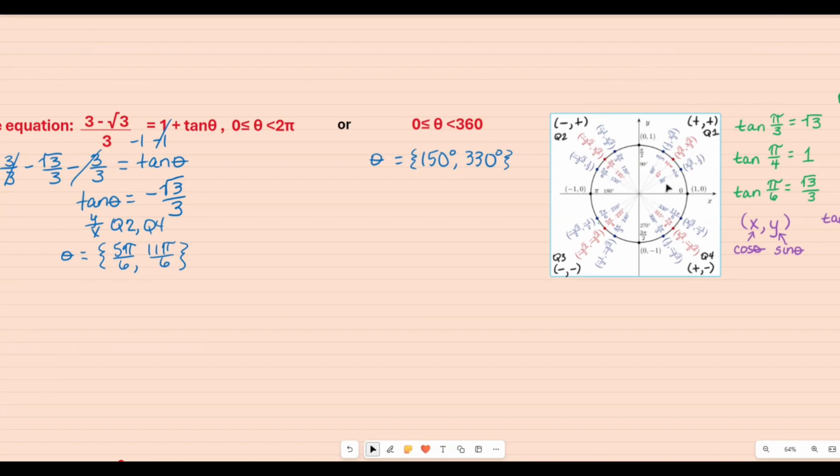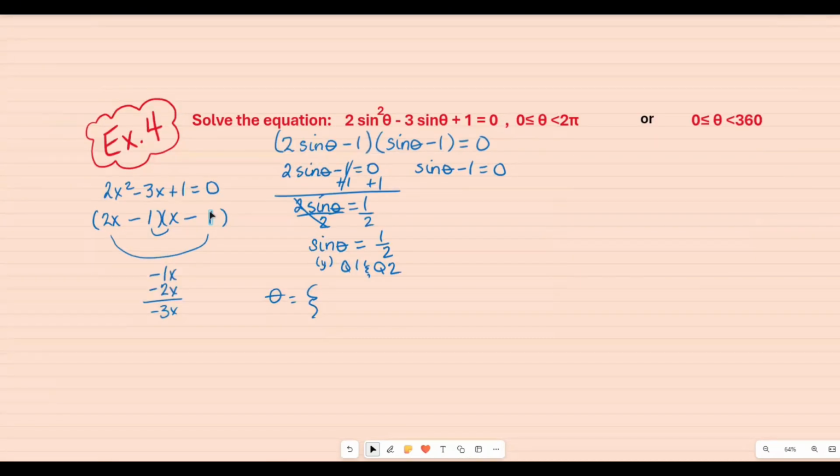So they're connected. 30 degrees is my reference angle. And so therefore my answer over here will be pi radians over 6, which is my 30 degrees, and then 5 pi radians over 6, which is my 150 degrees.